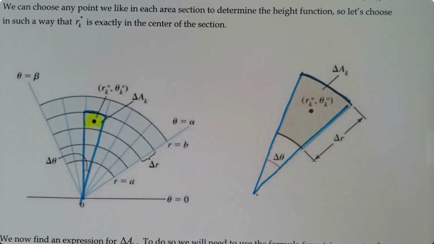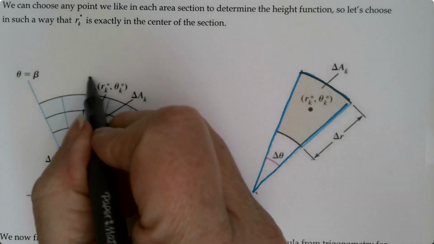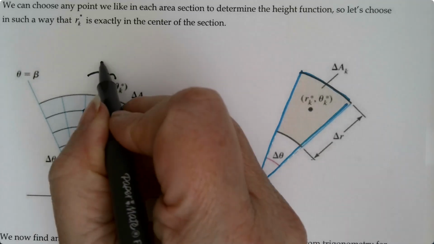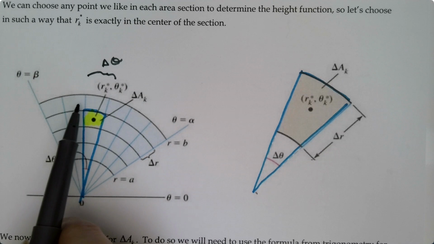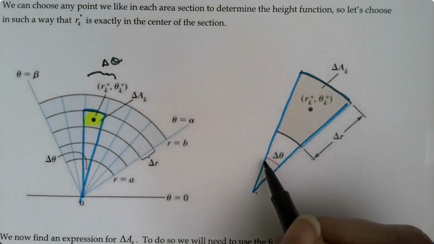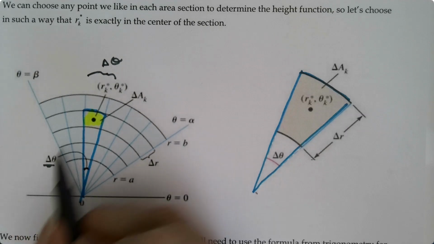All right, well, how does that compare? We can see that we have a change in angles right here, right? So this, if you will, is the change in your thetas, because you're going from one angle to another angle. They wrote it as delta theta, so you can write it down here, delta theta, or you can write it up here.